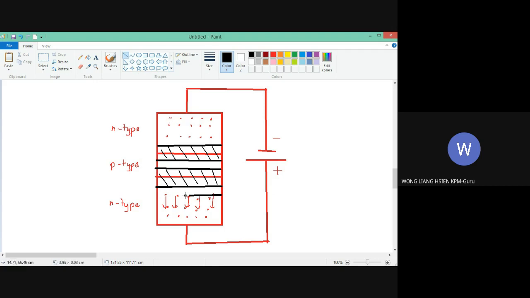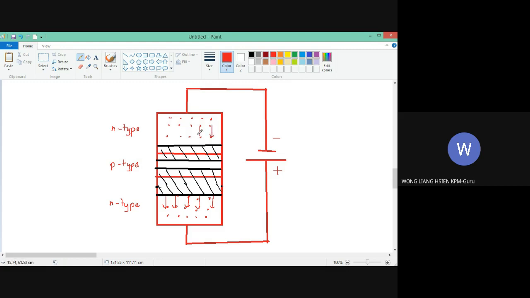The diffusion layer on this side becomes bigger. Then this side, the negative, it will repel the electron, then push the electron.